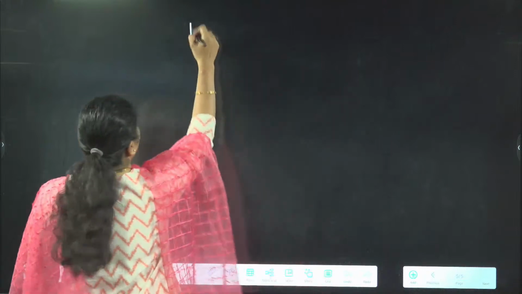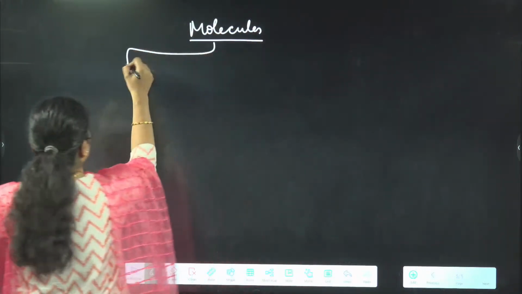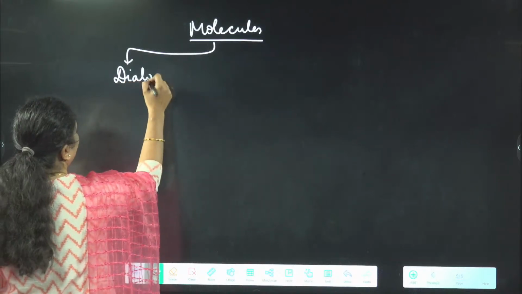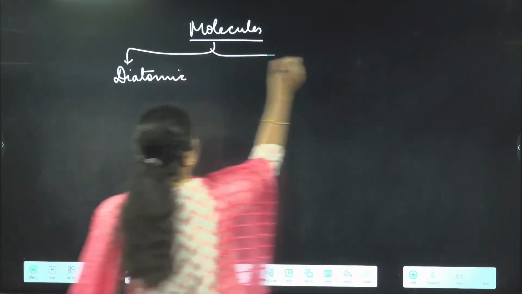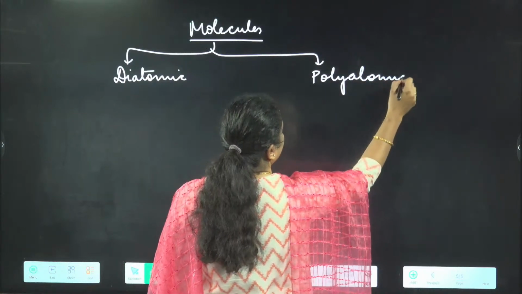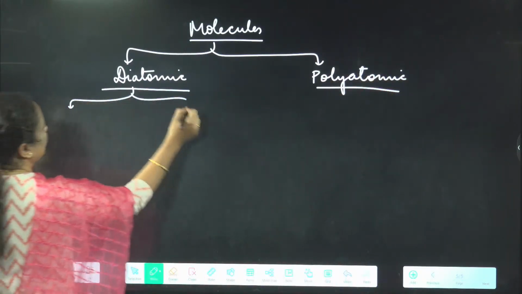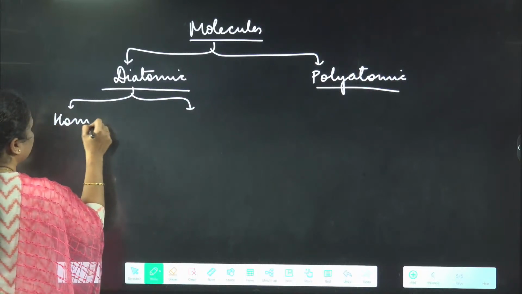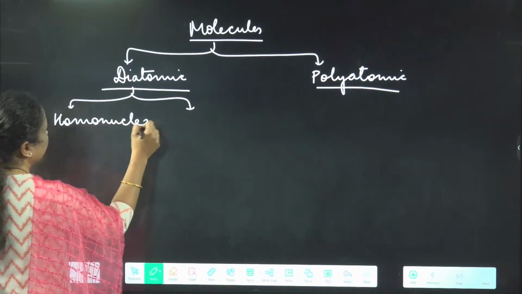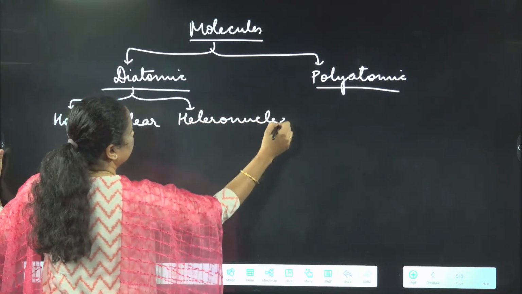So broadly, what I'm doing is classifying these molecules into two. One is diatomic, another one is polyatomic. Now, in case of diatomic also, I can have two categories. One is homonuclear, another one is heteronuclear.